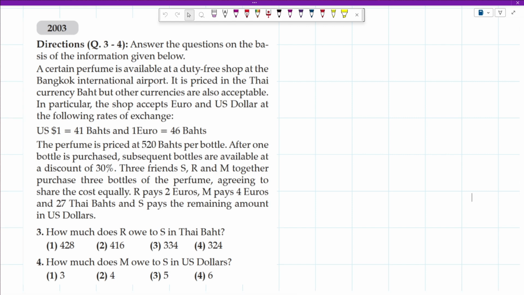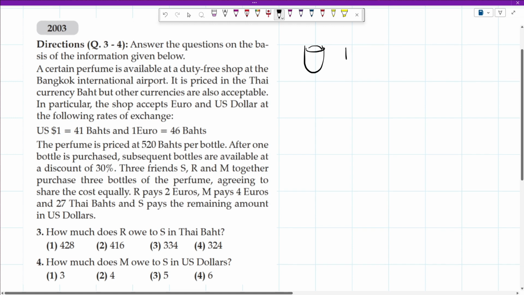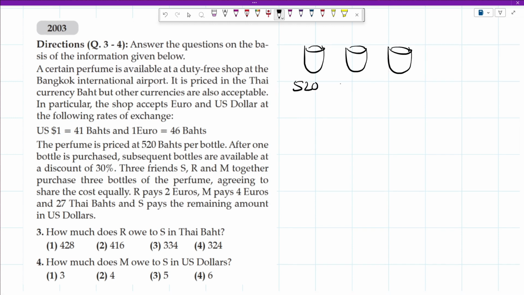The usual way to solve this question is to first understand the collective price of the 3 bottles. I understand these things pictorially, so I will write it like this. The first one is 520, the second one is 520 into 0.7, and the third is also 520 into 0.7.